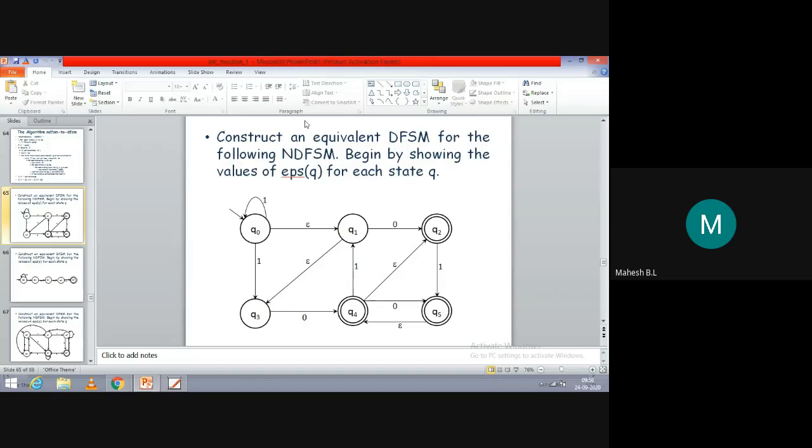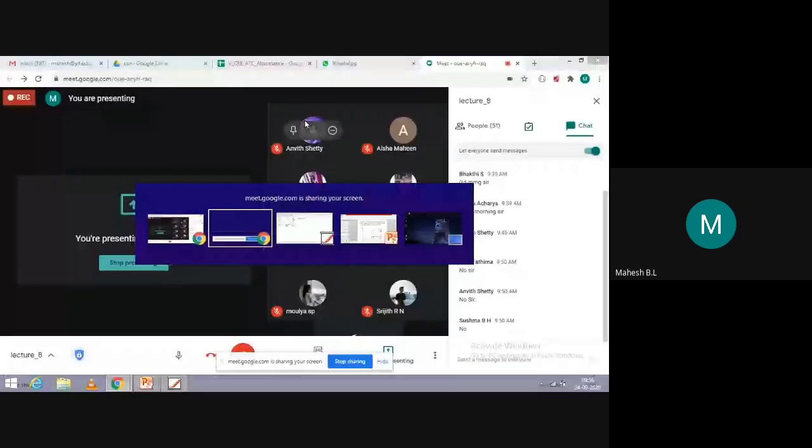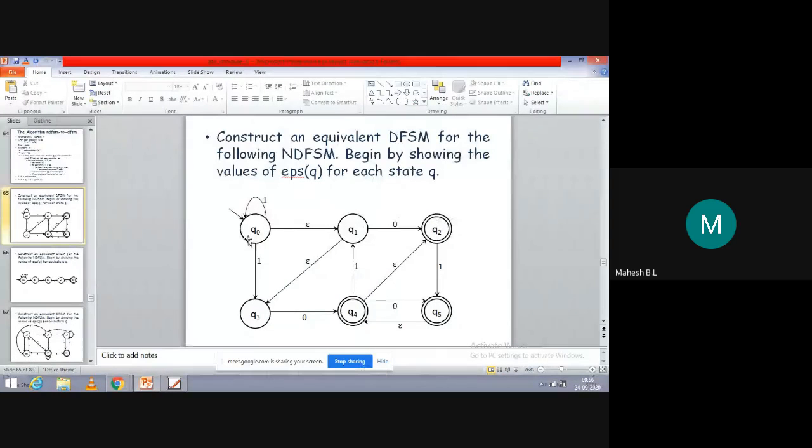What all states can be reached from Q naught, including Q naught, using epsilon transitions? Just give me the answer. That is the first step.